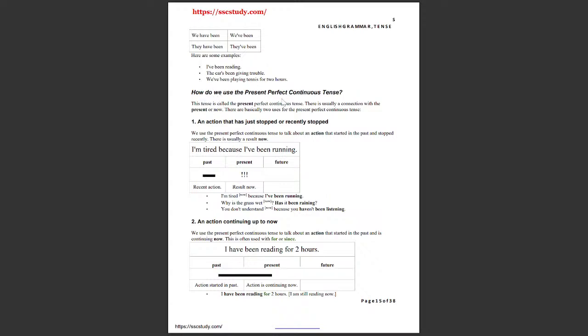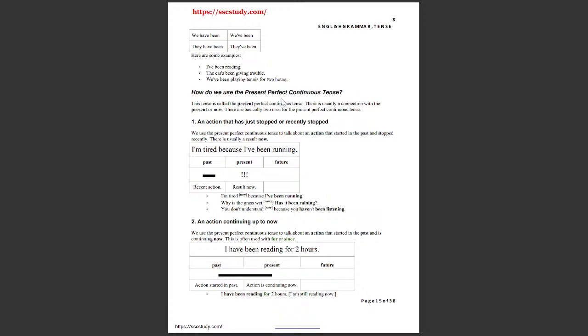How do we use the present perfect continuous tense? The tense usually has a connection with the present, with now. Basically we have two uses: an action that has just stopped or recently stopped, and an action continuing up to now.